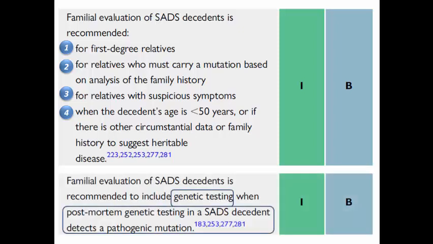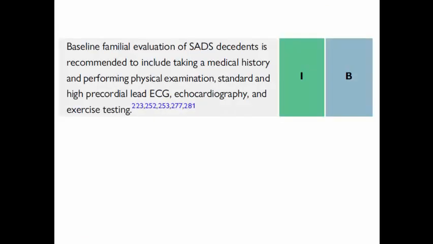The familial evaluation should include genetic testing if the post-mortem genetic testing in the decedent detected a pathogenic mutation, so we should look for this mutation in the family members. If there is no genetic mutation detected in the decedent, the baseline familial evaluation should include medical history, examination, standard and high precordial lead ECG, echocardiography, and exercise testing.